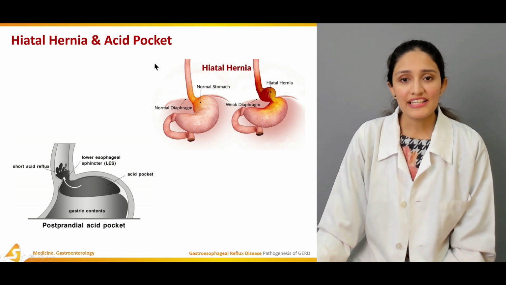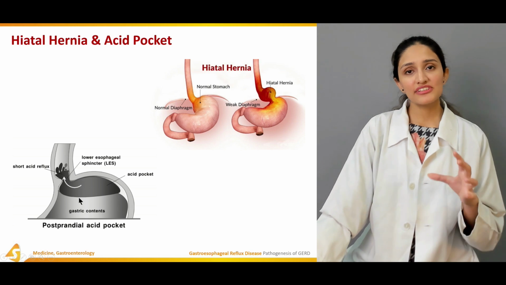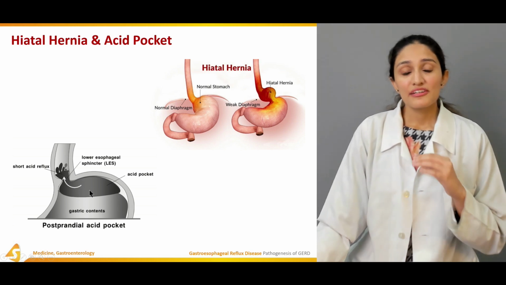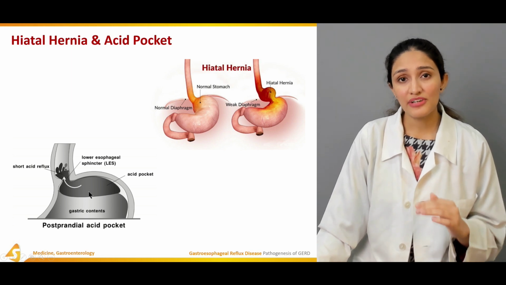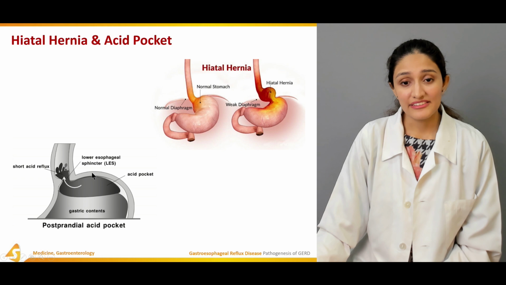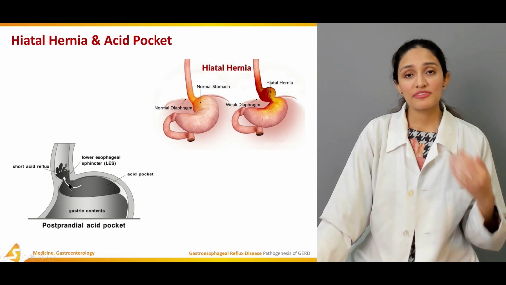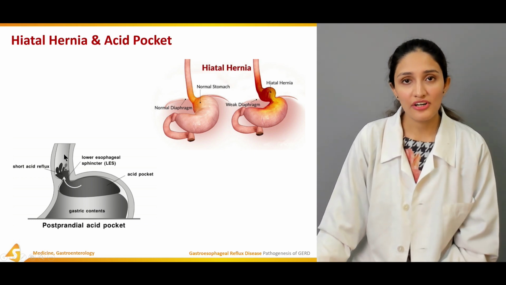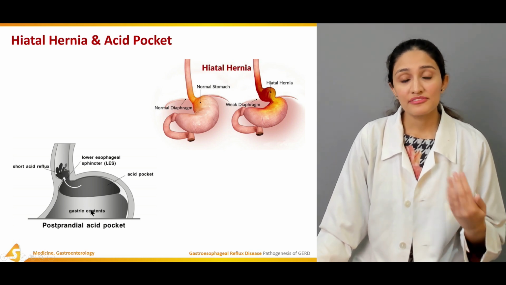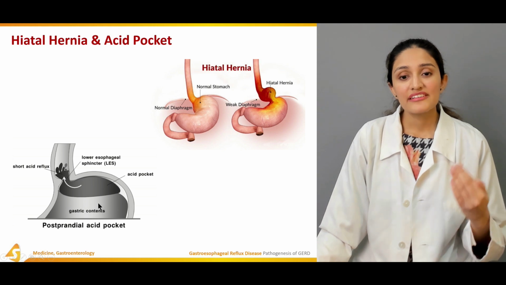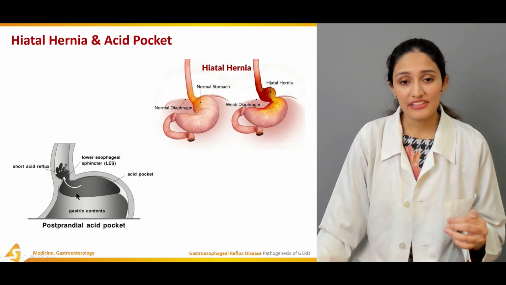The acid pocket is actually a zone which has a very high acidic property. The pH is extremely low at the stomach cardia. This is called the acid pocket. Usually, whenever food enters, the food is being buffered, and it helps in acidifying the food contents.